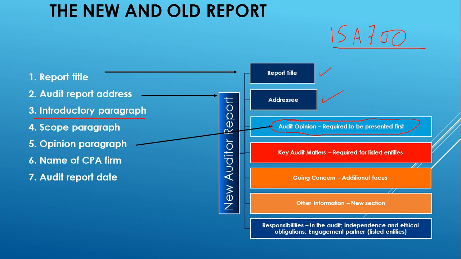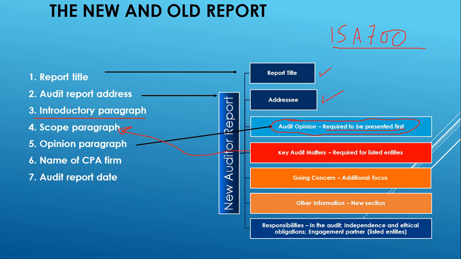As we see from the IAASB, it is required to be presented first, and then the key audit matters, which refer to the scope paragraph.